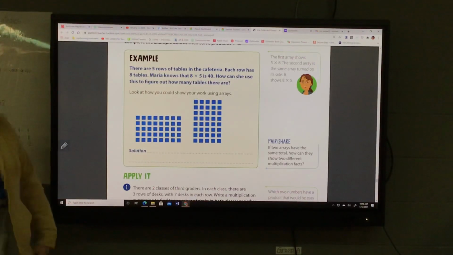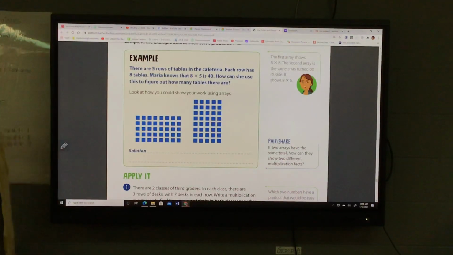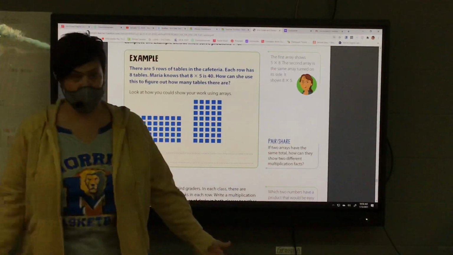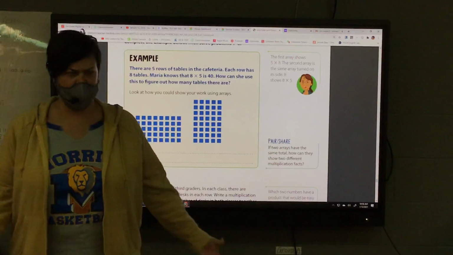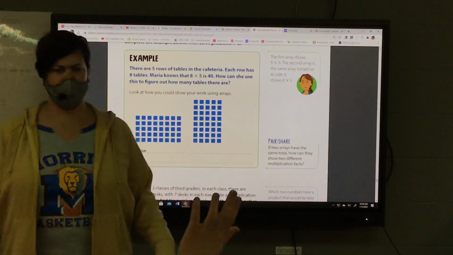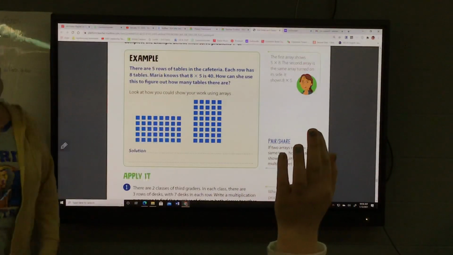If 2 arrays have the same total, how can they show 2 different multiplication facts? They equal the same thing. Why are the facts different? Why is one 5 times 8 and one 8 times 5 when we're talking about arrays?